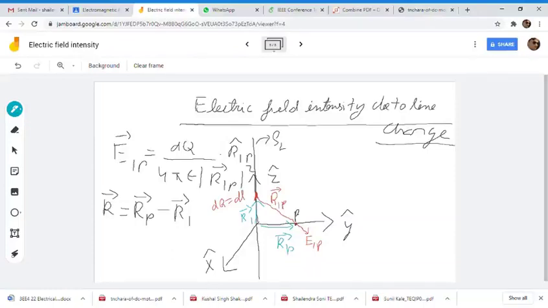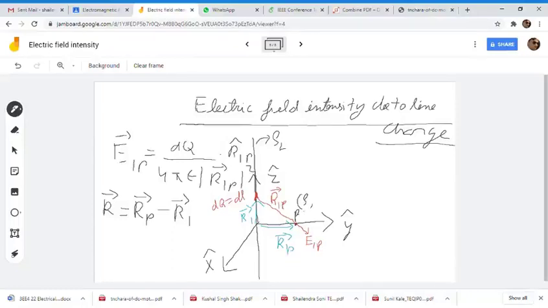So P point can be taken in the cylindrical coordinate system. P will be, first of all, the radial distance, so let us say the radial distance is rho.